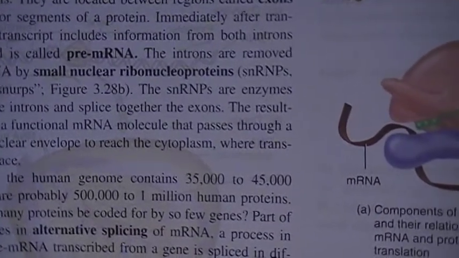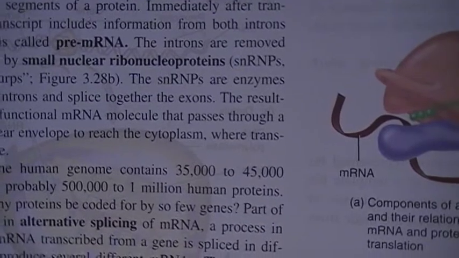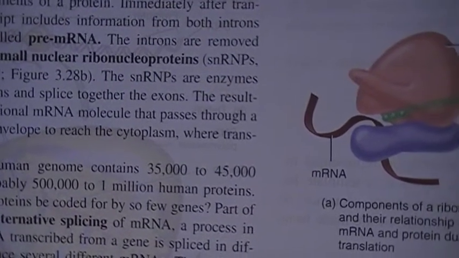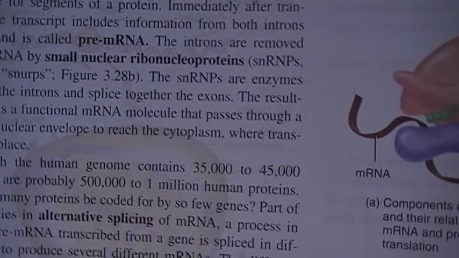Immediately after transcription, the transcript includes information from both introns and exons and is called pre-mRNA.